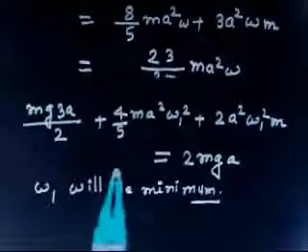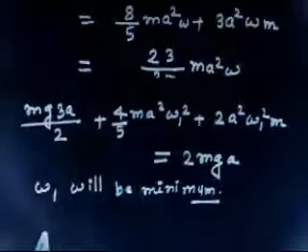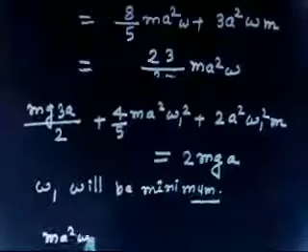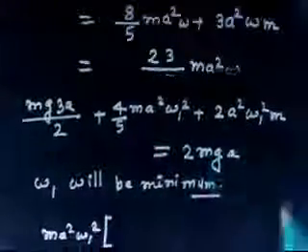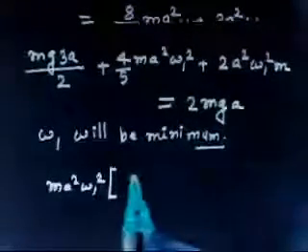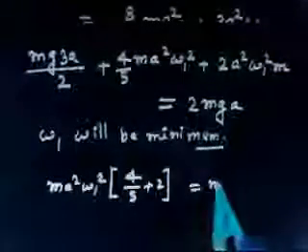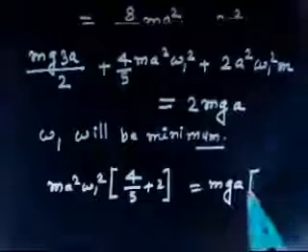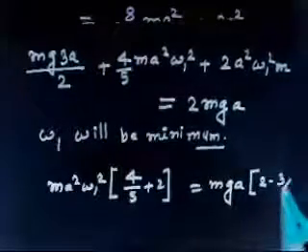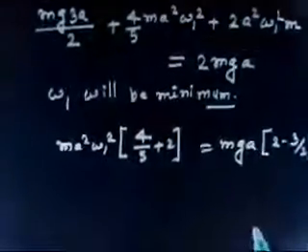So let us try to solve this one. We will have 4 by 5. Let us take ma square omega 1 square common here. So this term we will have 4 by 5 plus 2. And this side, if you take mga common, you will have 2 minus 3 by 2, so 1 by 2 mga.